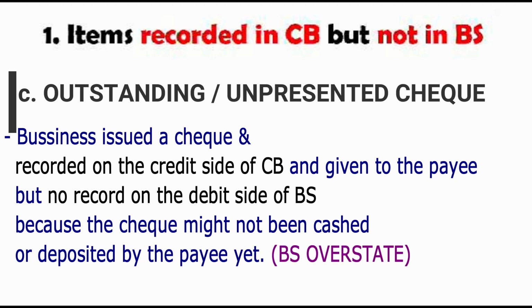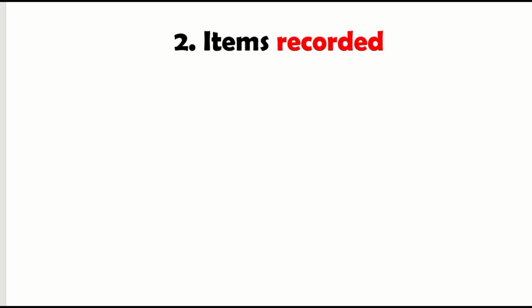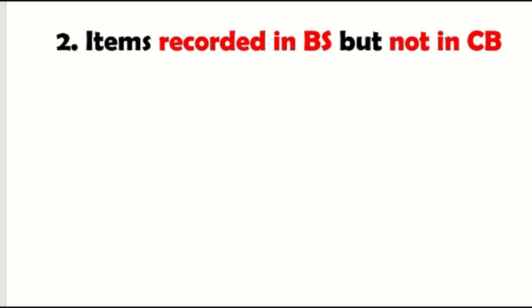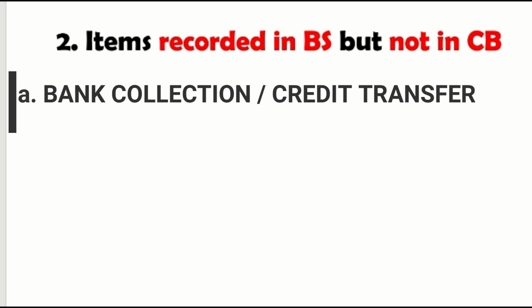Okay, reason number two is items recorded in bank statement but not in the cash book. So let's take a look at the reasons. It's due to bank collection or credit transfer.